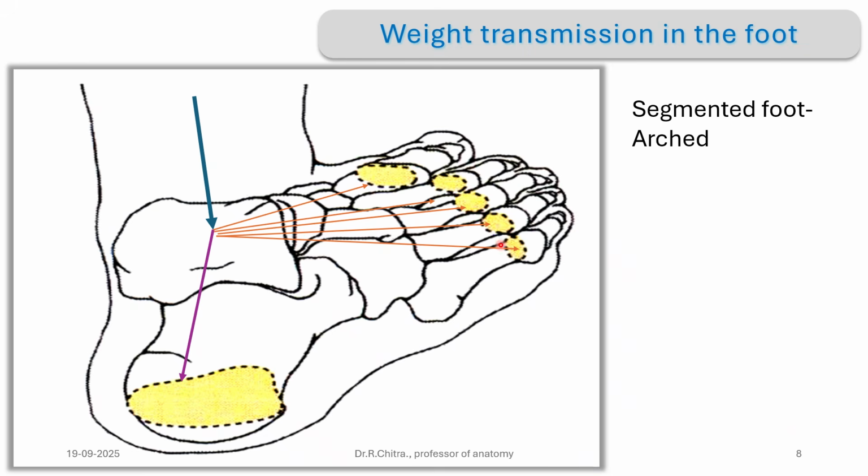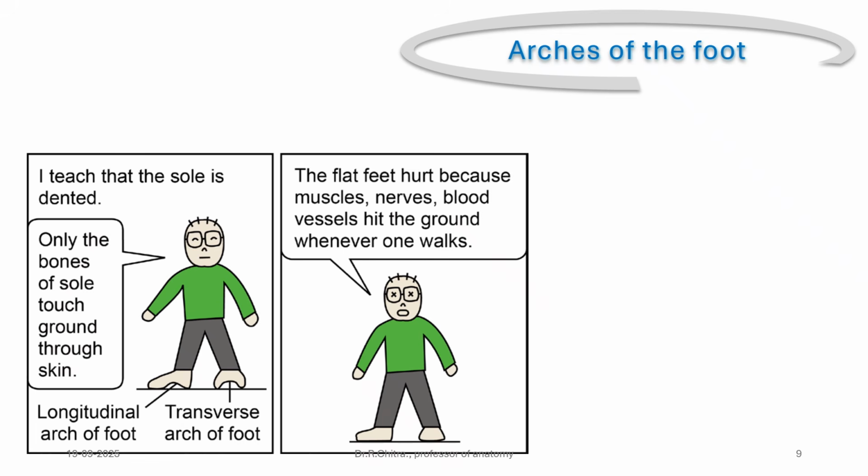This front is distributed among the metatarsal heads, including the two sesamoid bones in the first metatarsal. So, arched foot, there are two arches, longitudinal arch and transverse arches. Arched foot protects the nerves and vessels in the sole of the foot.